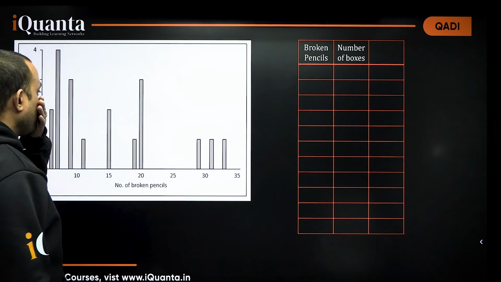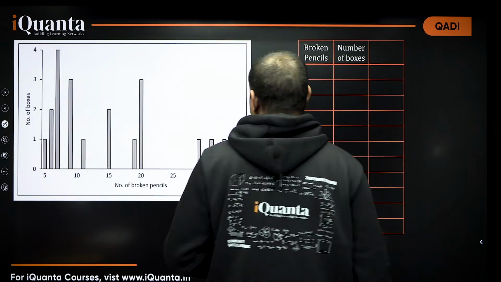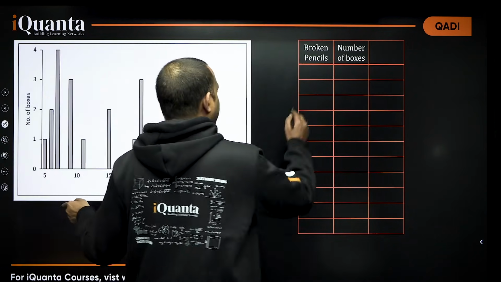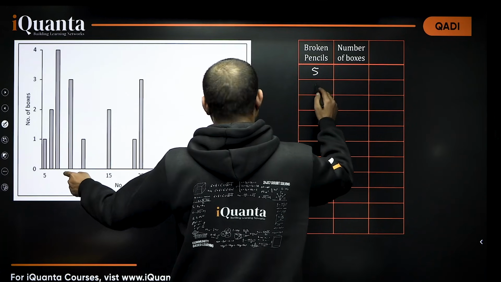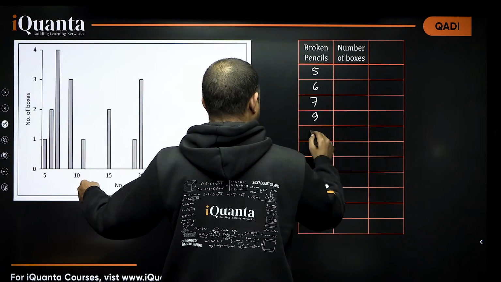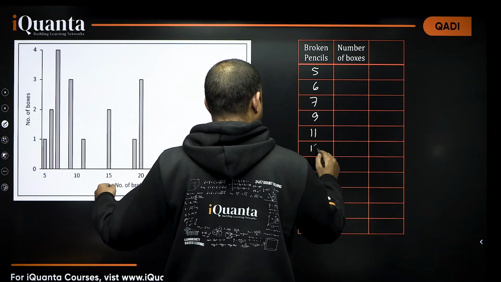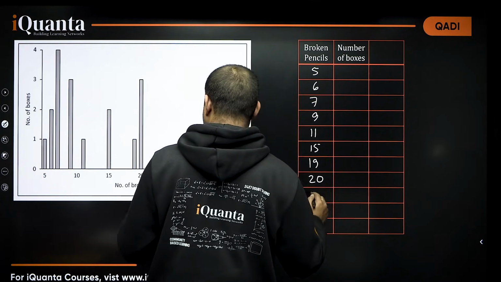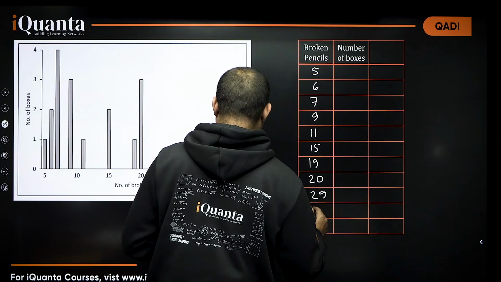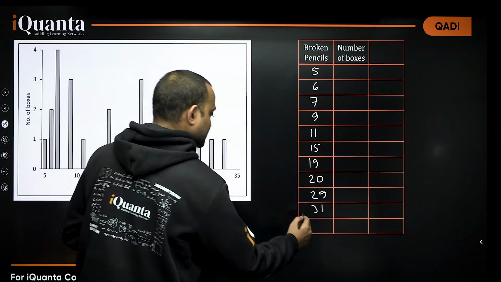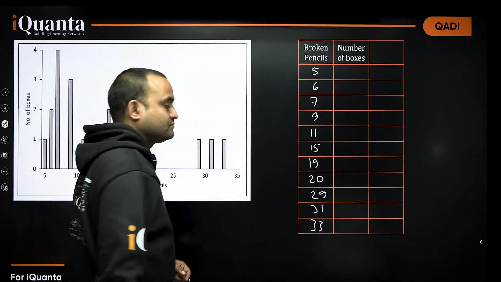So see what we can write here. Broken pencil values are given here, and those are 5, then 6, then 7, then 9, then 11, then 15, then 19, 20, 29, 31, and 33, right?